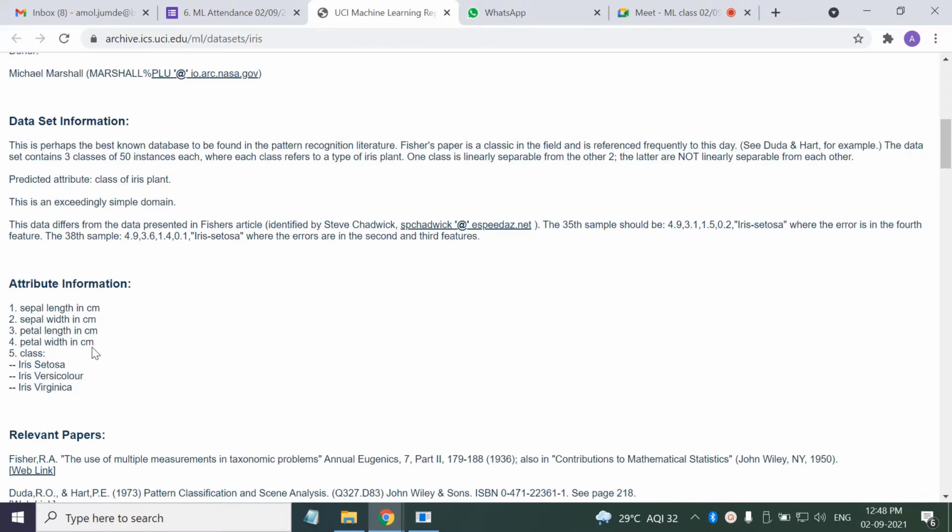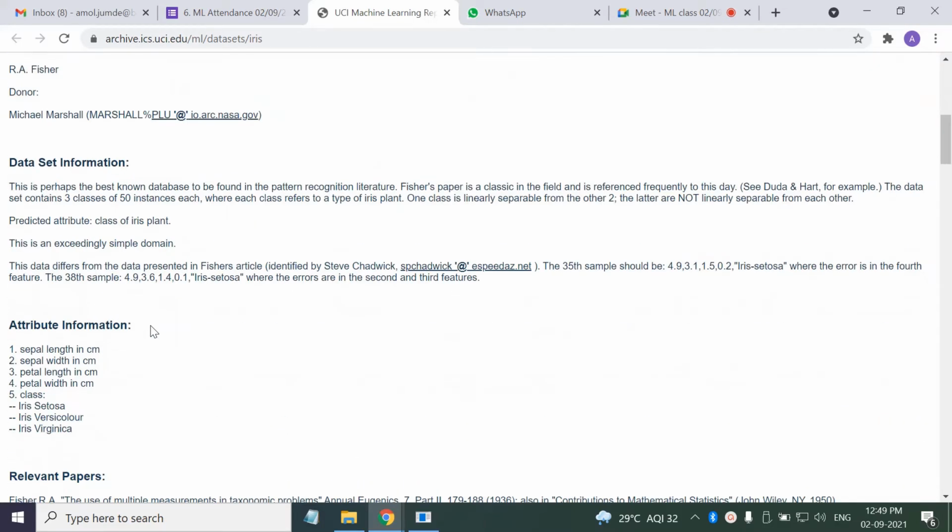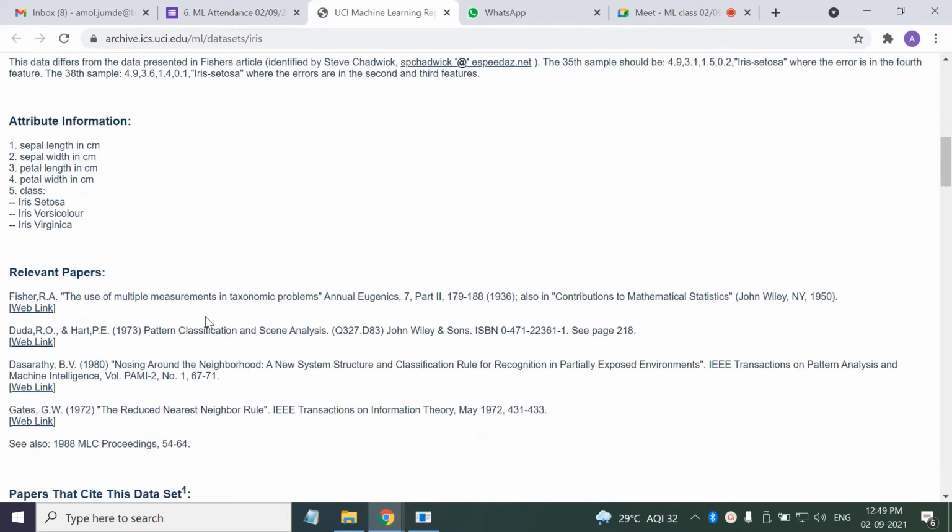We have 4 features: sepal length, sepal width, petal length and petal width. It is a labeled dataset, so the true label is also given, and we can utilize this for a classification problem and for clustering algorithms also.